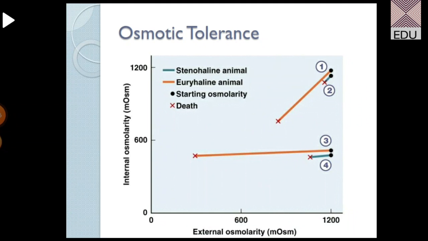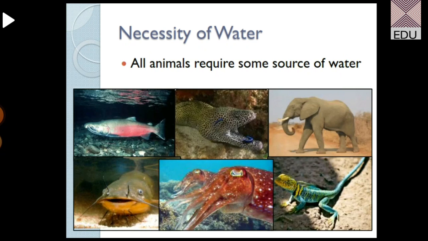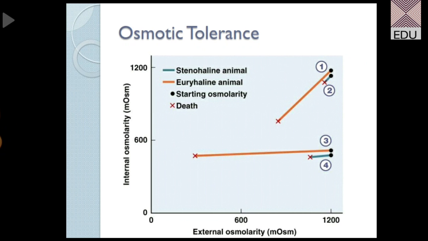Now we are concentrating on the line for number 2. Here it is a conformer, but of narrow range. So it is a stenohaline animal, but it is a conformer. The first graph is for a euryhaline animal that is a conformer.